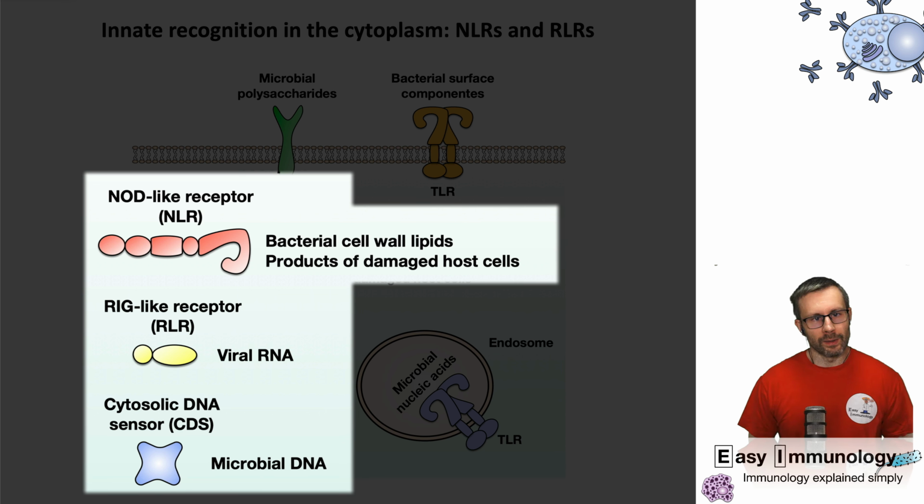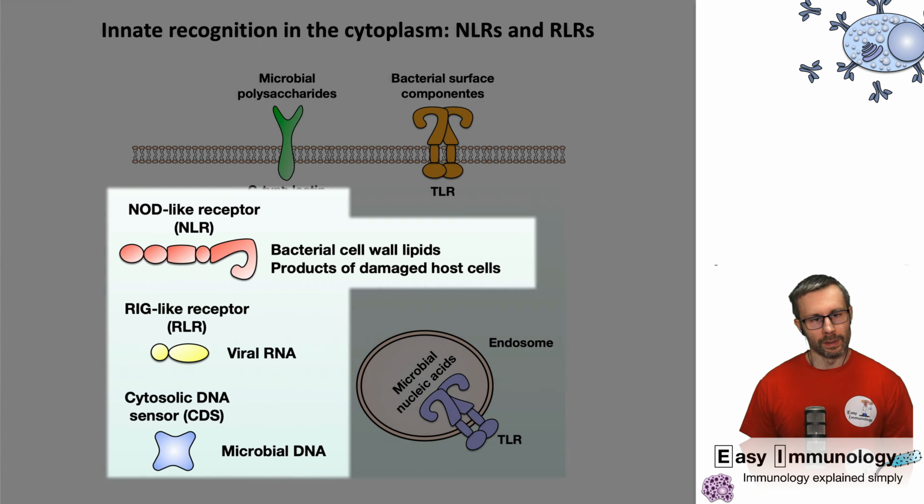Then the bacterium is still outside. Or is the flagellin inside? This means I have already been infected as an immune cell. I need to start maybe a stronger immune response. So quite fascinating. Then we have the RIG-like receptors that recognize viral RNA, and we have the cytosolic DNA sensor that recognizes microbial DNA.